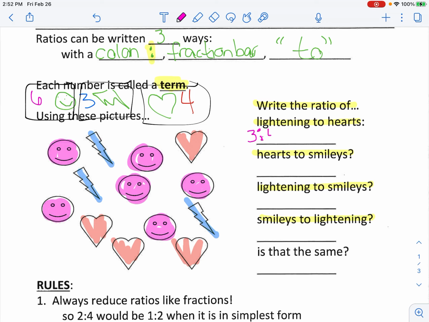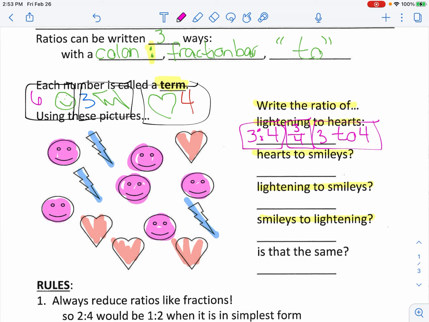Hearts. I have 4 hearts. So that ratio is read 3 to 4. I could also write 3 fraction bar 4, which is also read 3 to 4. Or I can say 3 to 4. The ratio of lightning to hearts is 3 to 4.